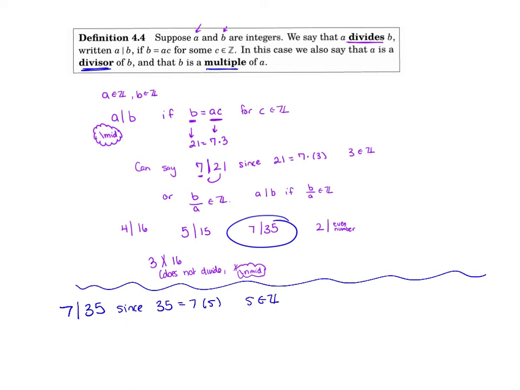So then, again, this is my A and this is my B. So A is a divisor of B. 7 is a divisor of 35, and 35 is a multiple of 7. I think the multiple is the one we're probably most familiar with.